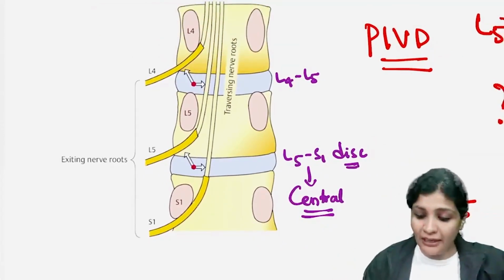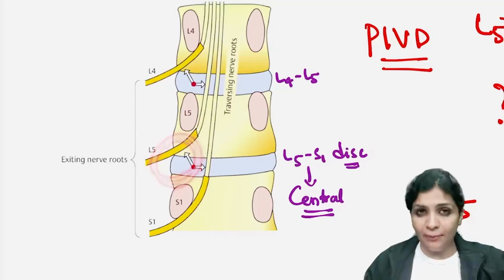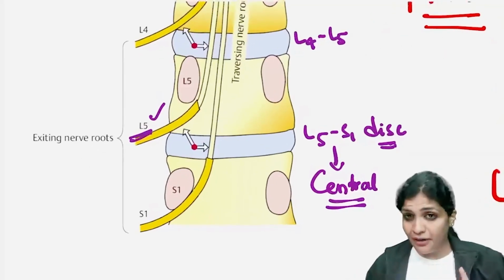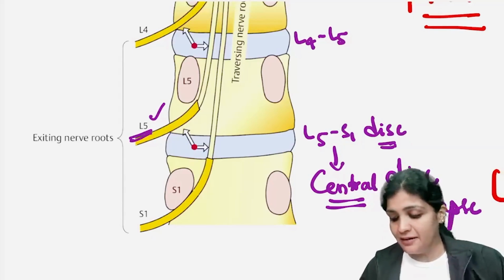But if the disc is prolapsing at the foramen level, then it will be L5 which is affected, right? So you have to read the question carefully. If it is a central disc prolapse, or if nothing is mentioned, take this as central disc prolapse.